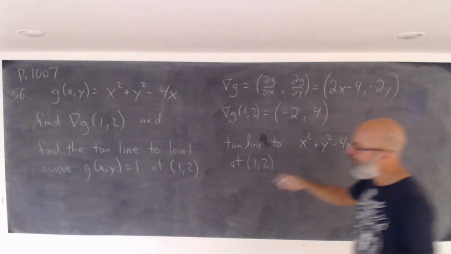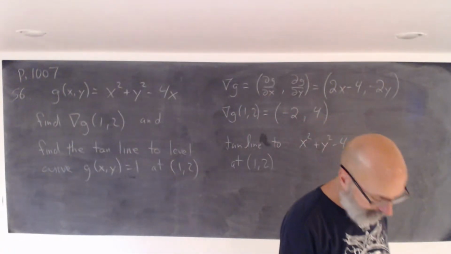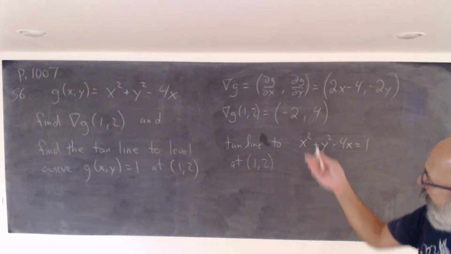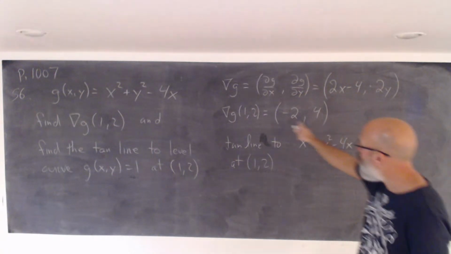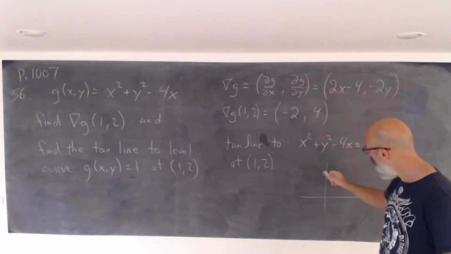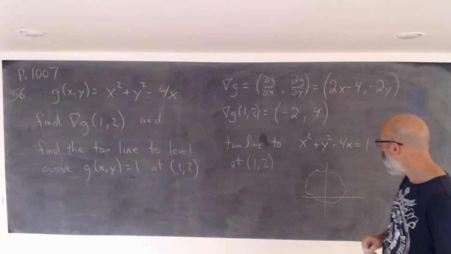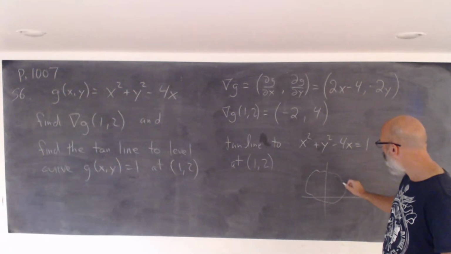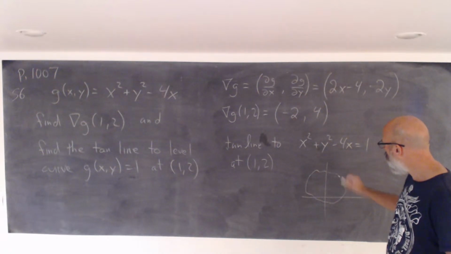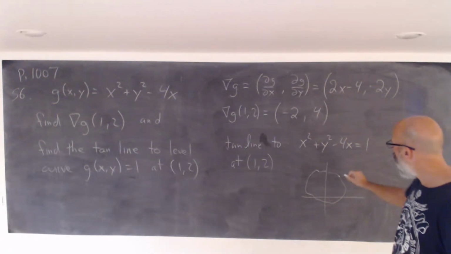But of course, you recognize that this is a level curve. And we saw that the gradient is normal to the level curve, right? So if you were to graph this, whatever that looks like, at the point (1, 2), this is normal to the level curve.